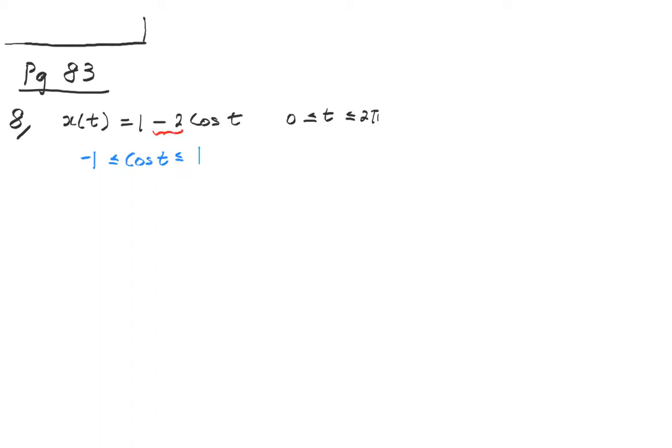So whenever I times with a negative number, I must change the sign. Do you get me? So then I plus 1 on both sides.